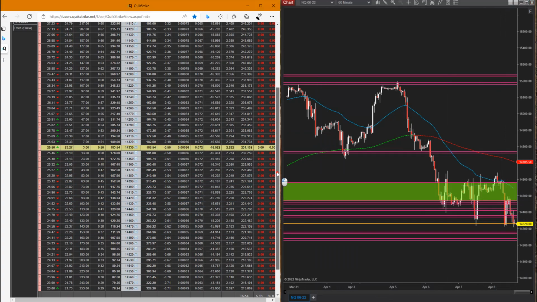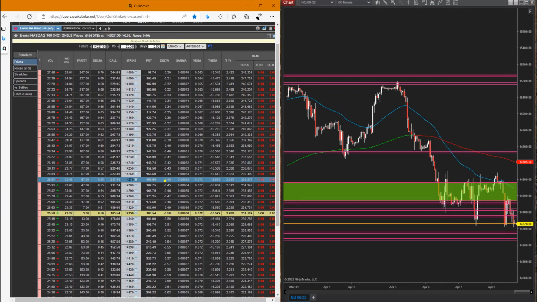If I want to extend this out for further upside, I can look at this 68 between 14,100 and 110.